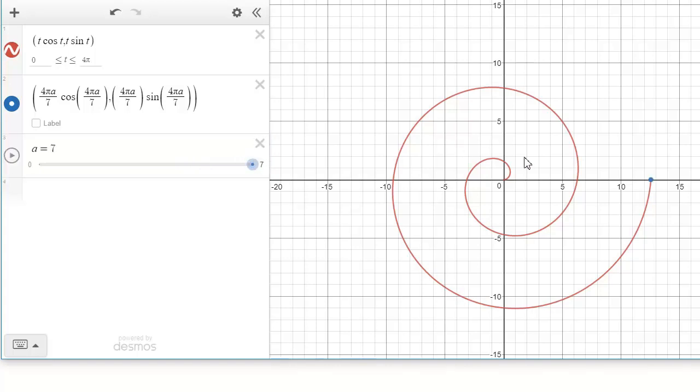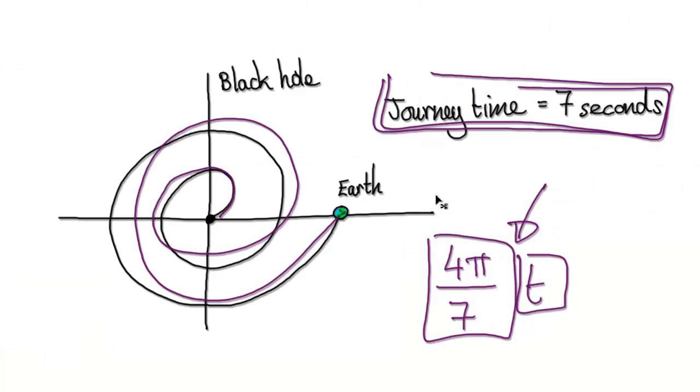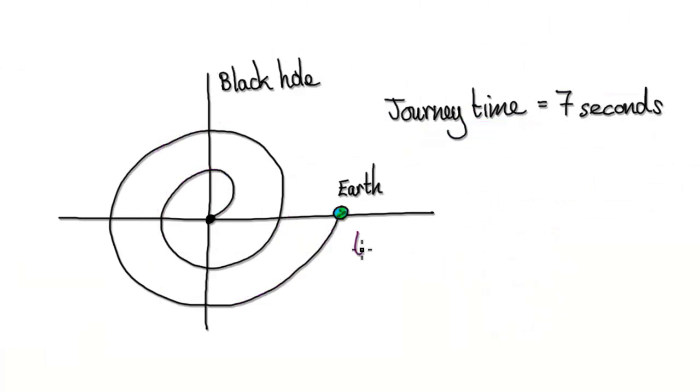But the thing is, we want it to start right at the end here and head towards the origin. So when t or a equals 0, it should start here. At the moment, when t equals 0, it starts at the origin, but we want it to be here. So the way we're going to get around this is to do this.